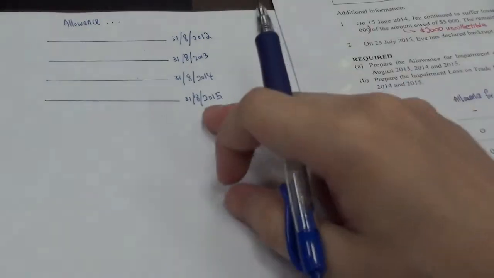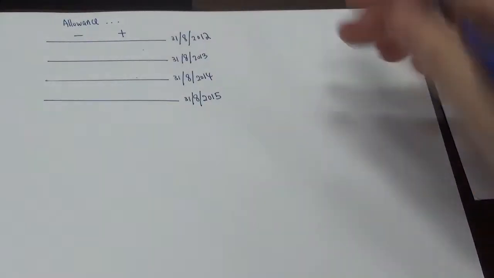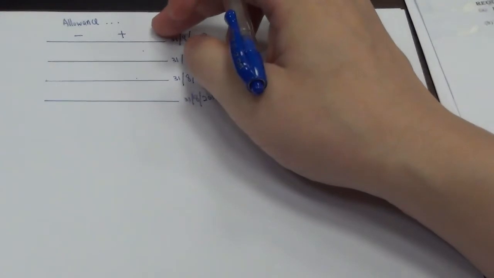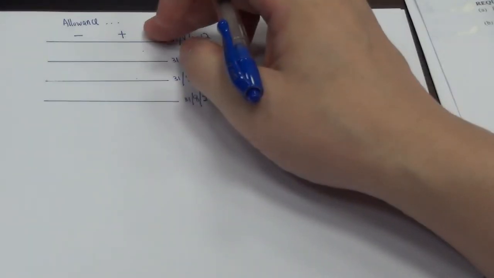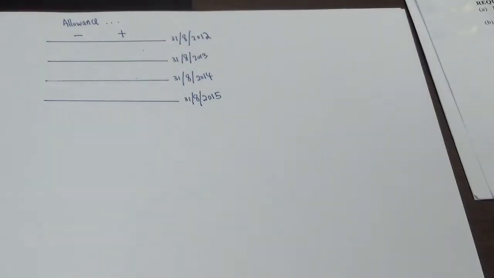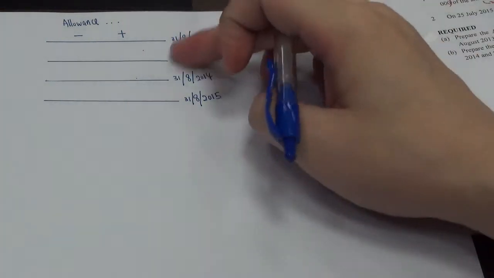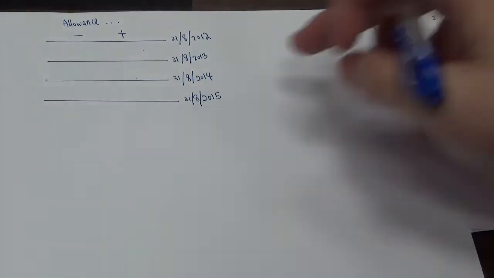Then we continue. The sign here will be negative and positive, because allowance is the reverse of trade receivables. So allowance is DR minus, CR plus, as compared to trade receivables, which is DR plus, CR minus. After you have the dates in, go back and check. This is the working for the allowance account.